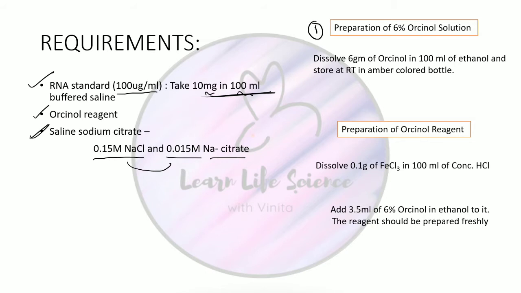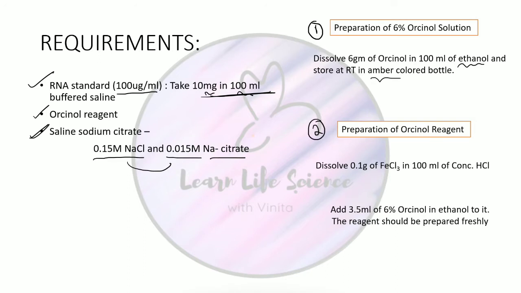For preparing 6% Orcinol solution, you are going to dissolve 6 gram of Orcinol in 100 ml of ethanol. You will have to store it at room temperature in an amber colored bottle. You have to prevent it from photo oxidation, and therefore we store it in a dark colored bottle.